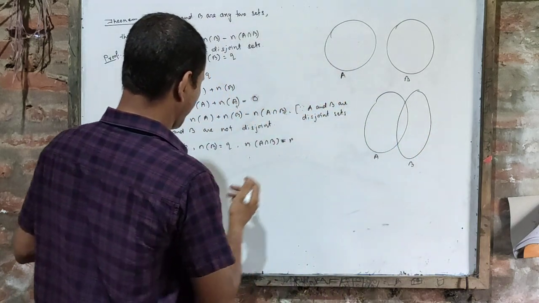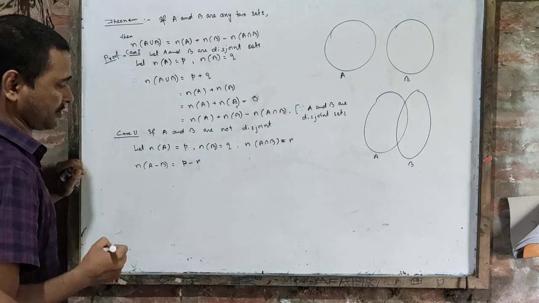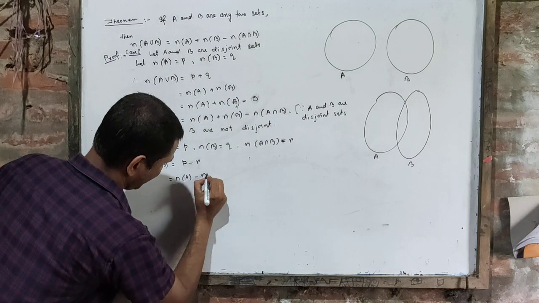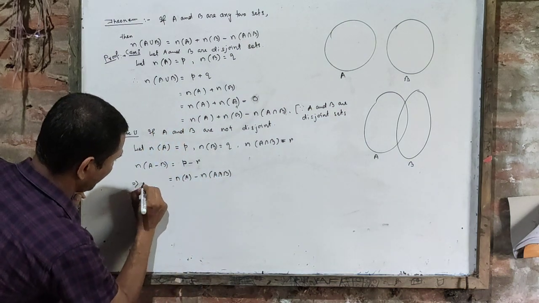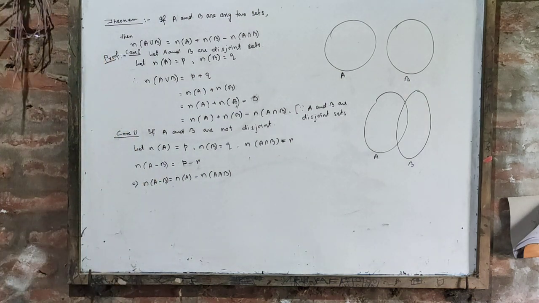So N of A difference B will contain P minus R elements. P means N of A and R means N of A intersection B. So you have to remember this as a formula. N of A difference B is equal to N of A minus N of A intersection B.